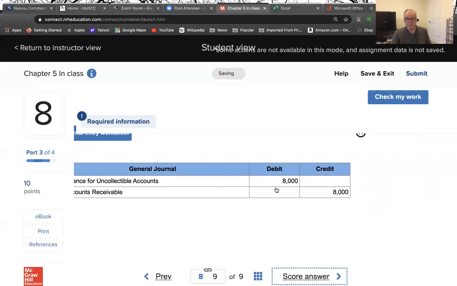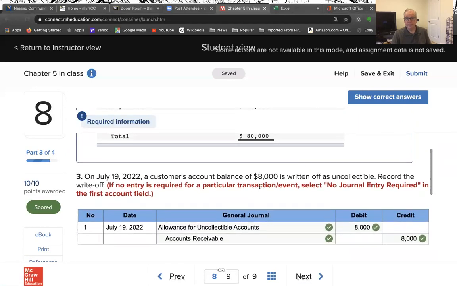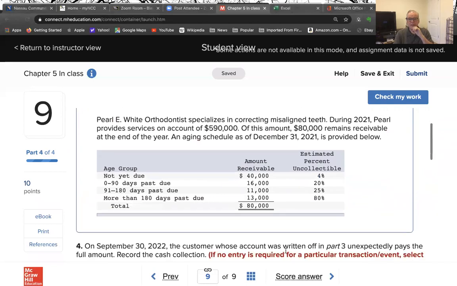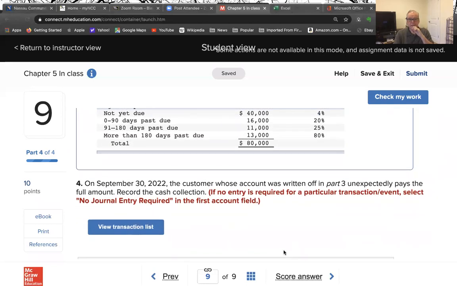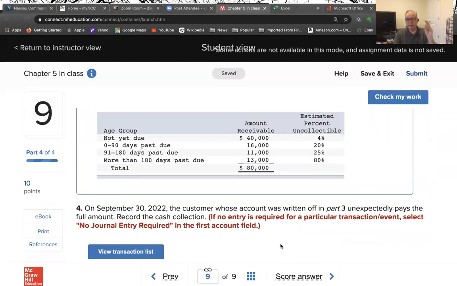Okay, so that's right. Okay. Now, only in the world of fairy tales and accounting textbooks does this happen.